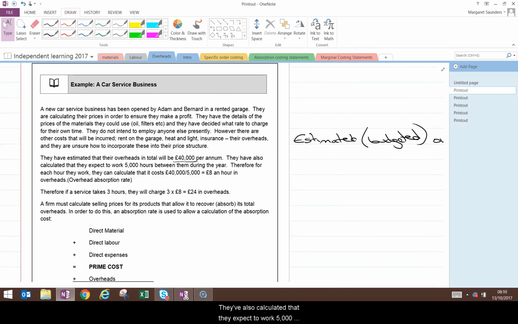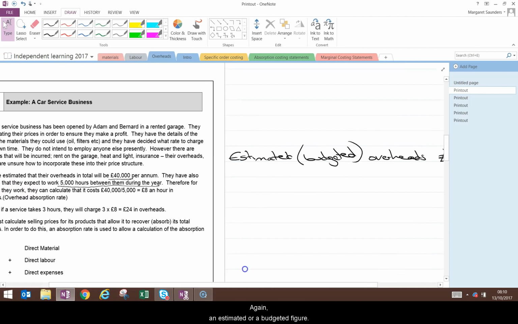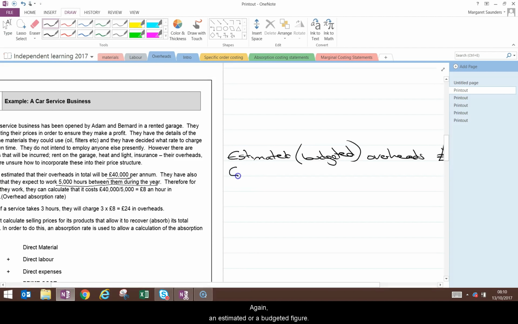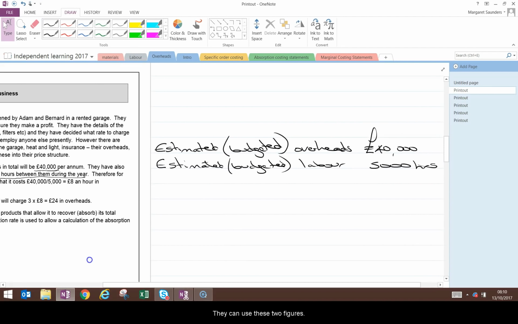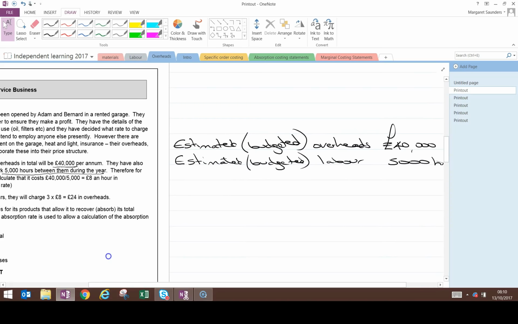They've also calculated that they expect to work 5,000 hours during the year. So again, an estimated or a budgeted figure. So they can use these two figures.